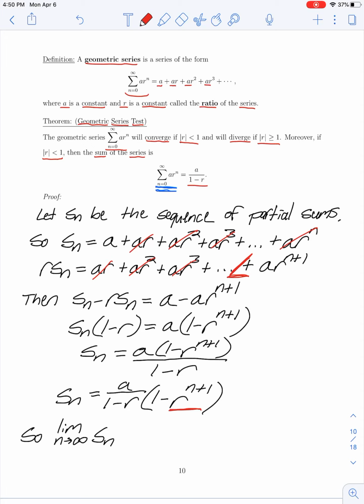And as long as the base of that exponential, r, is less than 1 in absolute value, when we take that quantity to higher and higher powers, we get a term which is approaching 0.